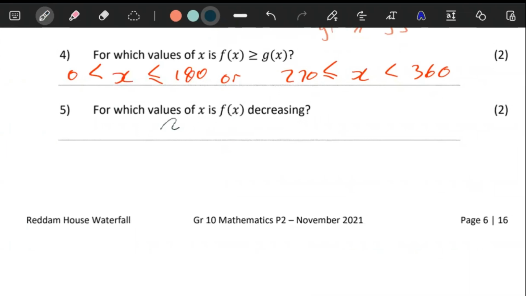So if they're saying for which values of x is f increasing, they're asking whether y values are increasing. Because remember, f of x represents y, you see.